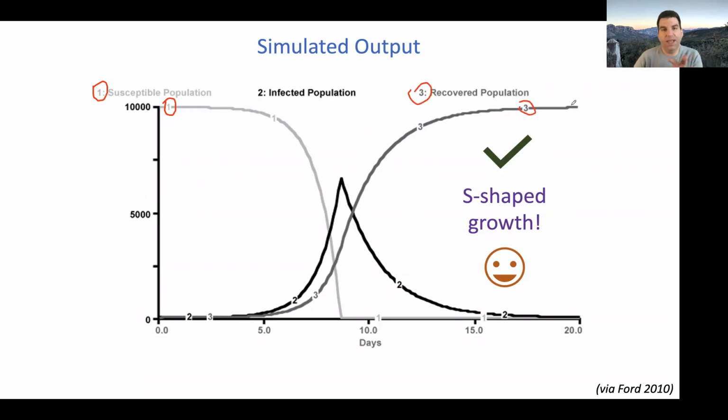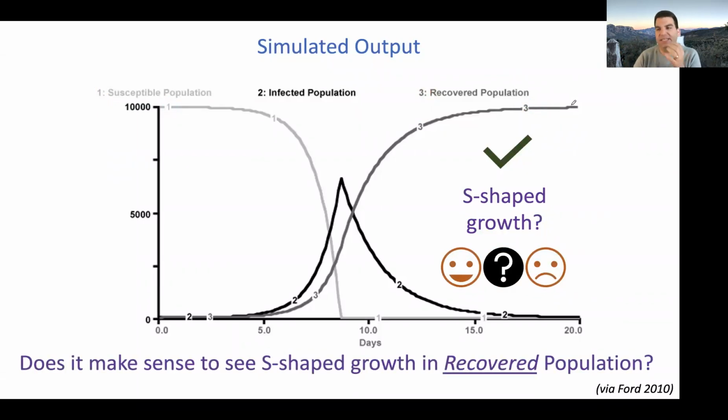So initially, when you plot this, before thinking about it, that sort of primal part of you looks at that and gets excited, like, I see S-shaped growth. This is exciting. I must have done something right because that's kind of what I was expecting. But then when you back up and look at it, you start noticing some strange things, and you say, is this the S-shaped growth I was expecting?